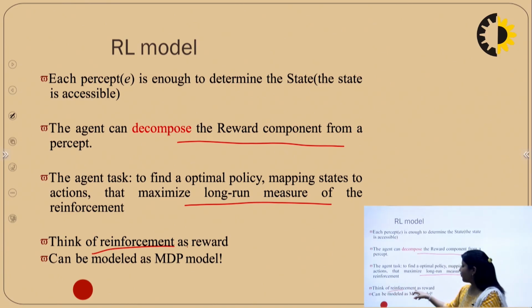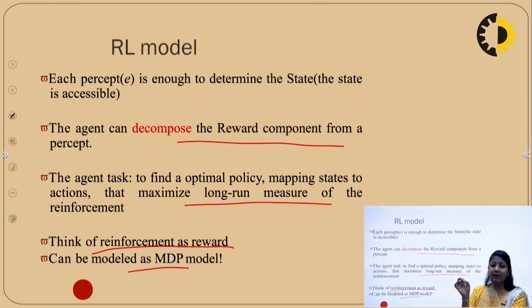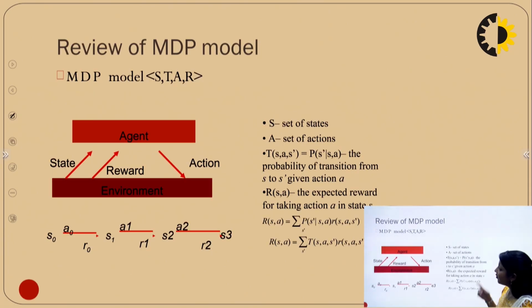So think of reinforcement learning as a reward and it can be modeled as an MDP. MDP is a Markov decision process. This is the model which can be used in reinforcement learning for getting the maximum reward. So what is MDP?